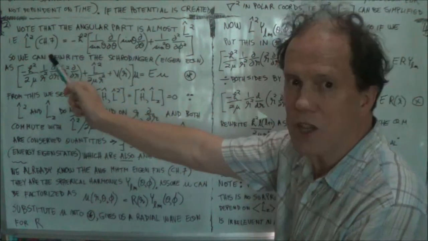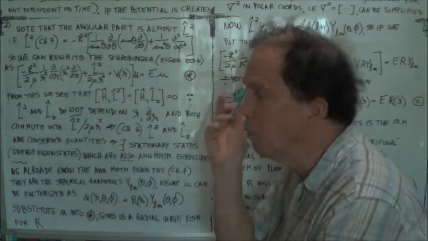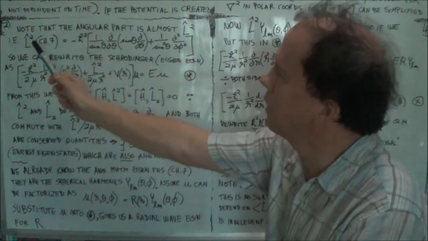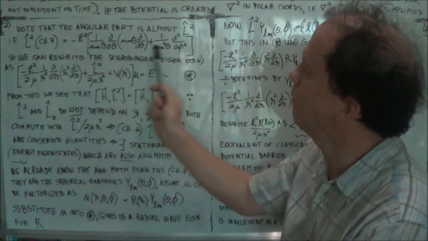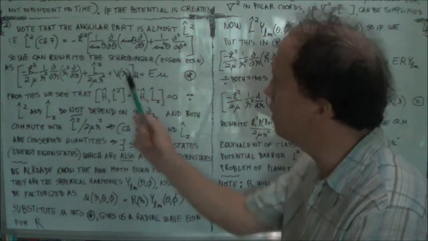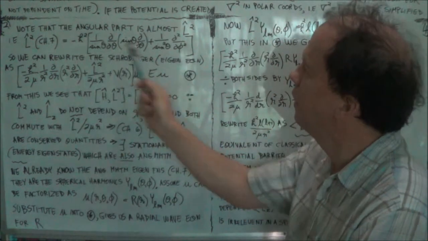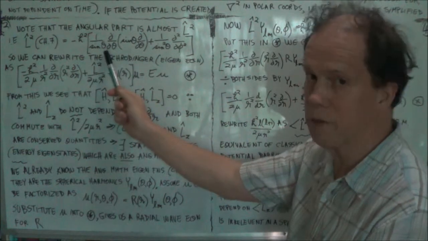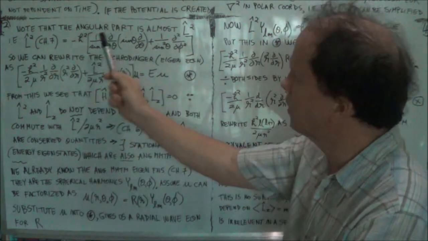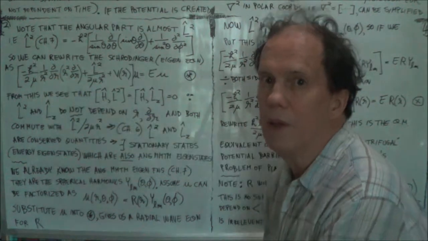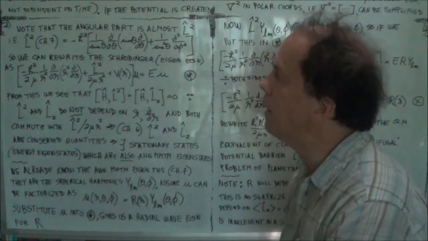Now, from the previous chapter, chapter 7 on angular momentum, if you've been studying it closely, you will recognize this term here as the operator that is a function of the polar angles theta and phi, and that's the expression for L hat squared, the angular momentum L.